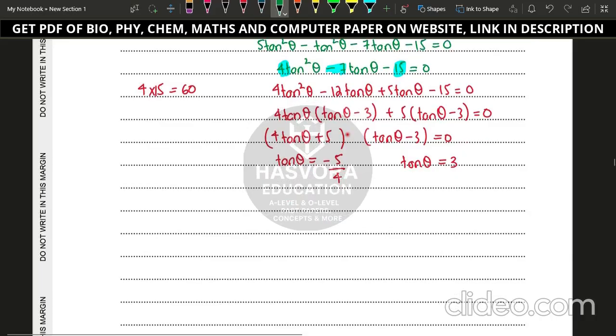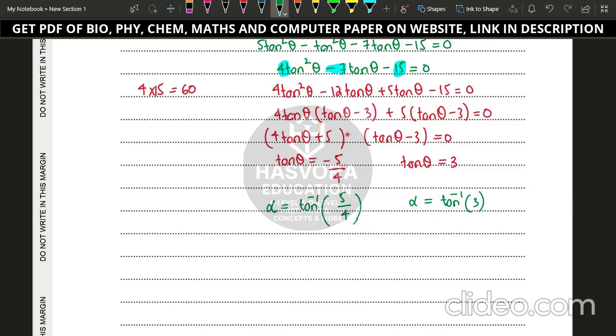Whenever you are finding the basic angle alpha, it is the tan inverse, and you ignore the sign. You do not take the sign, because the sign is adjusted according to the quadrant. You check whether that is positive in that quadrant or not, and then according to that you take the sign.